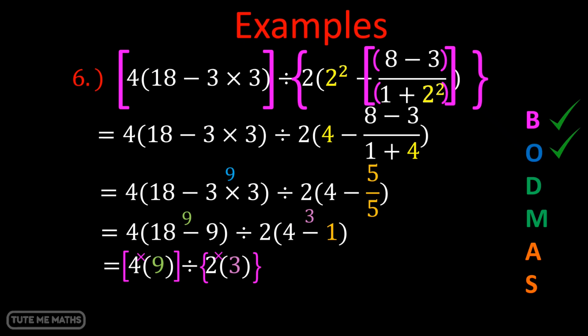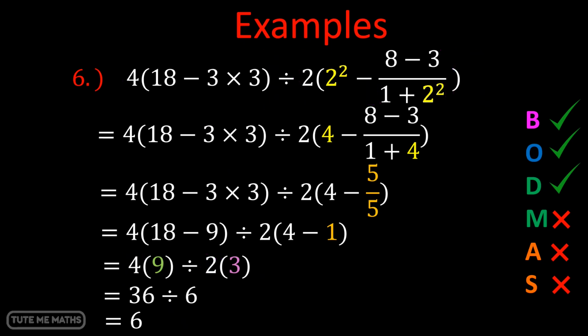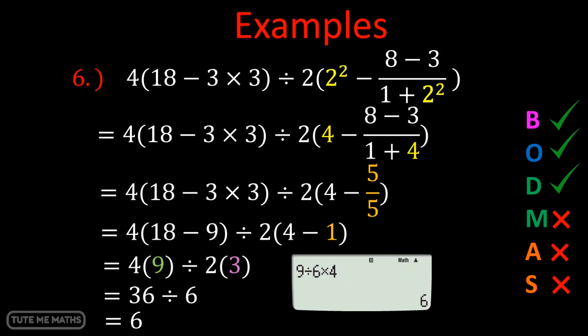2 lots of 3 gives us 6, leading to a basic 2-step calculation, 4 times 9 divided by 6. Completing these from left to right, we have 36 divided by 6, giving us 6 as the final answer. Some of you might have noticed that doing 9 divided by 6 first, or even 4 divided by 6, still gives us the correct answer, as you see here.